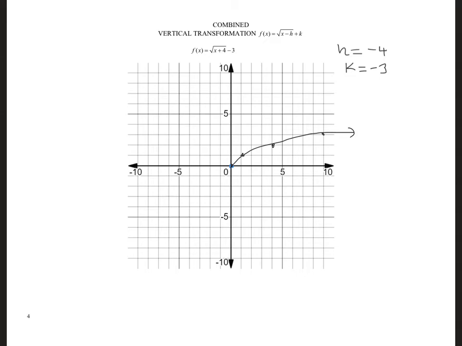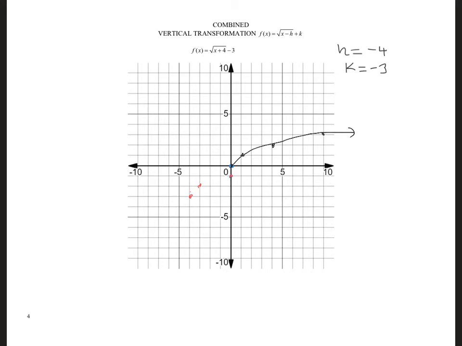So 1, 2, 3. So right there. And then 1, 2, 3, 4. So right there. So then the next one is 1, 2, 3, 4, 1, 2, 3. So right there.